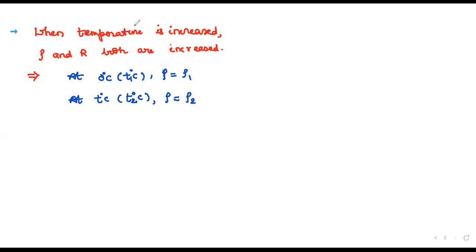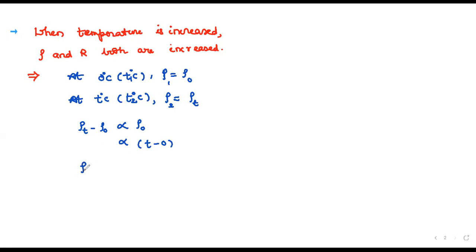For convenience, we are taking this rho 1 as rho naught, rho at 0 degrees Celsius, and this rho 2 at T2 degrees Celsius, we are taking as rho at T degrees Celsius, rho suffix T. Then, just as you derived the linear coefficient of expansion, where change in length is proportional to initial length and proportional to change in temperature, in the same way, change in resistivity, rho T minus rho naught, is proportional to initial resistivity and proportional to change in temperature, T minus 0.